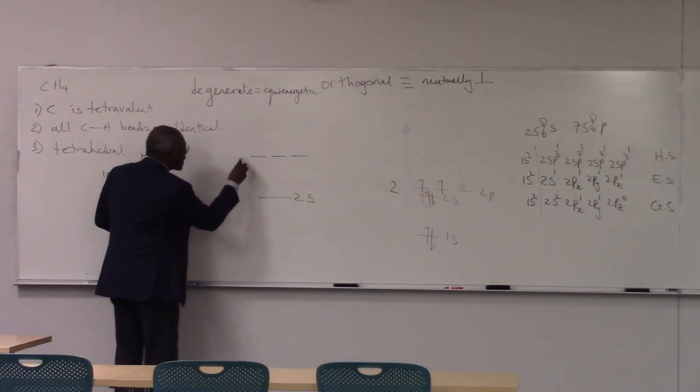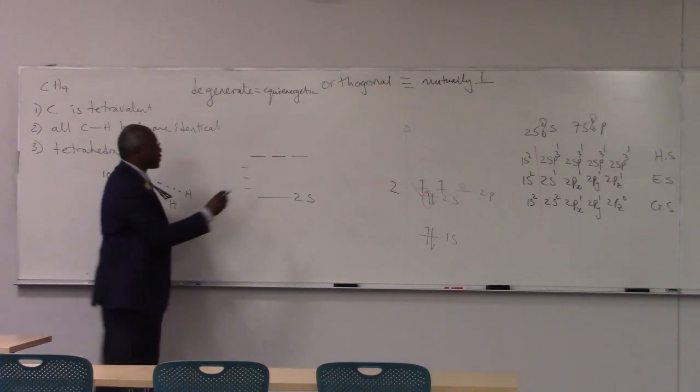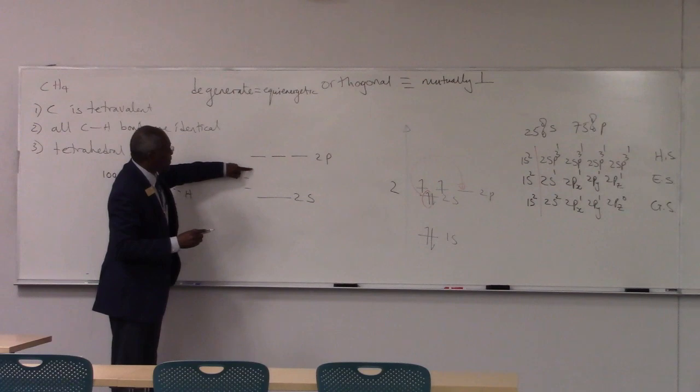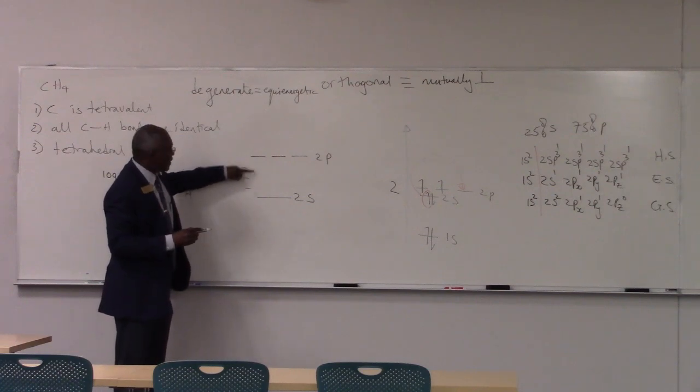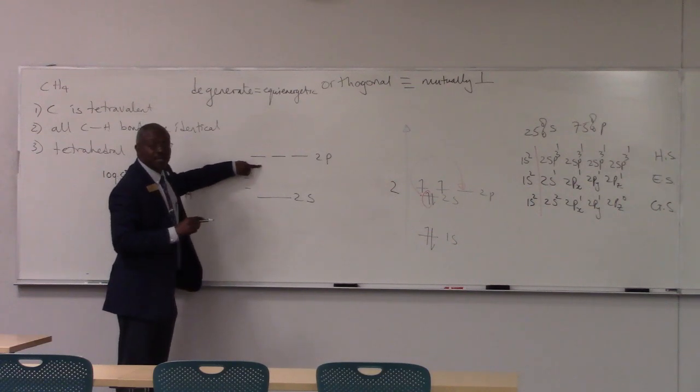So if I were to break up this distance between the s and the p in quarters, these are the 2p's, and my sp3 hybrids would be at that level. 1 part, 2 parts, 3 parts, 4 parts. The energy levels of my sp3 hybrids would be here.